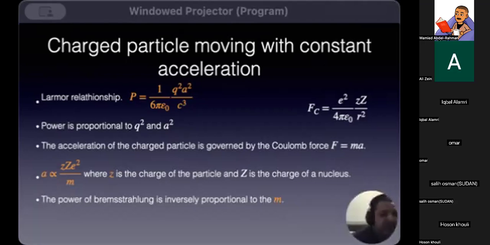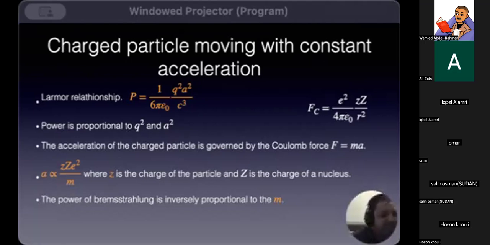And that's why, when we have our X-ray tubes and our linear accelerators, we want to produce X-rays, we accelerate electrons and then have a target. They produce Bremsstrahlung from the target.